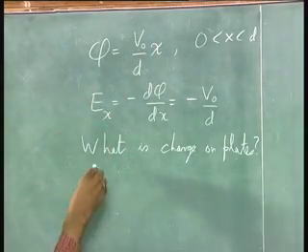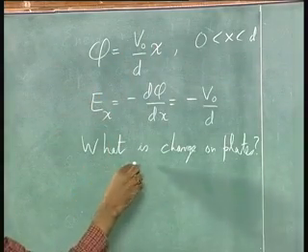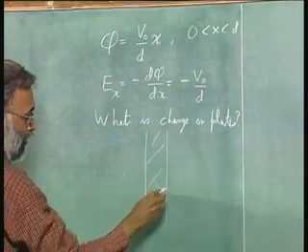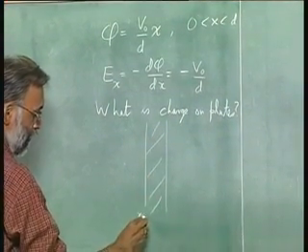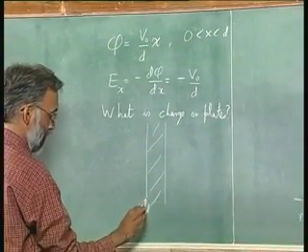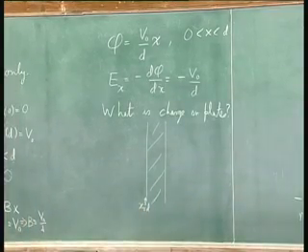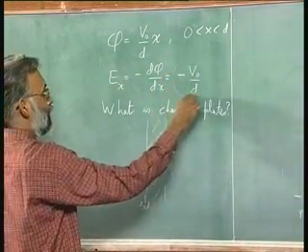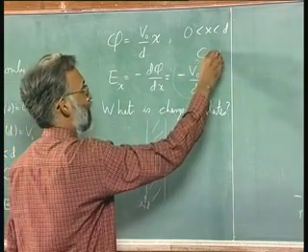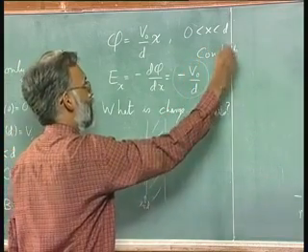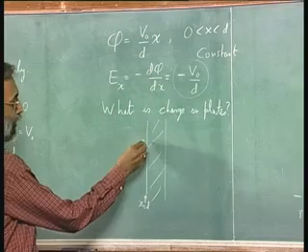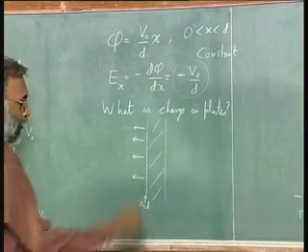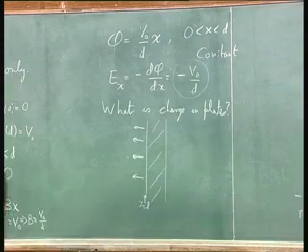Now, let us look at, for example, the plate at x equals d. Now, we have from here that the electric field is a constant and is pointing towards the first plate.